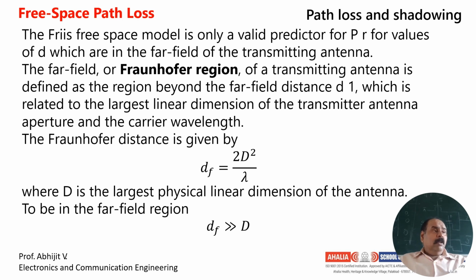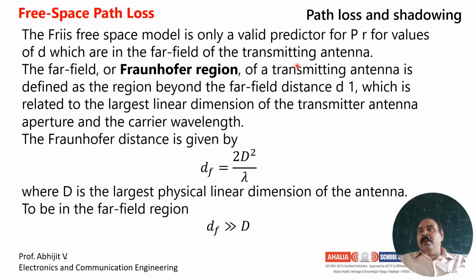So here in this slide we will be seeing what is meant by the Fraunhofer region, or the far off region. The free space model is valid only for received power values at which d is in the far field of the transmitting antenna.